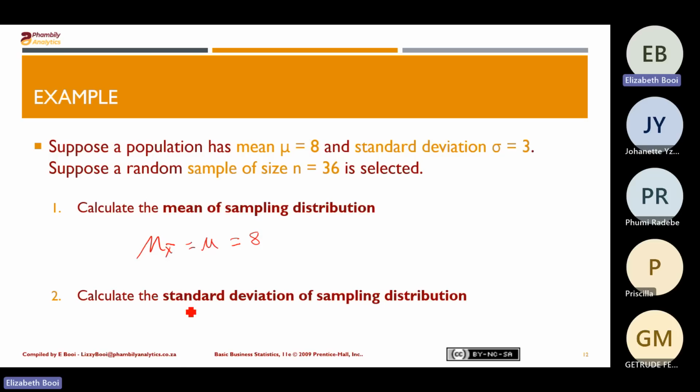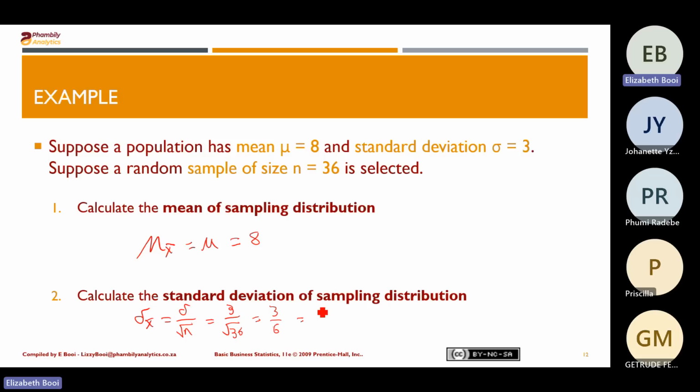The standard deviation of a sampling distribution is given by the population standard deviation divided by the square root of n. Our population standard deviation is 3, divided by the square root of 36, which is 6.